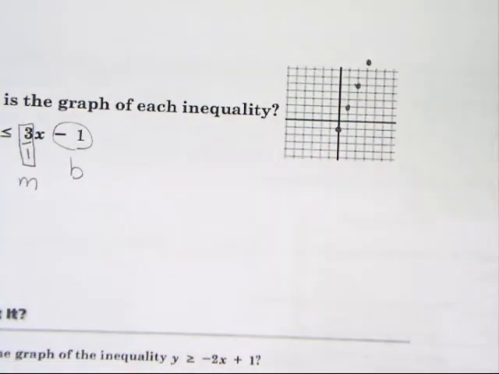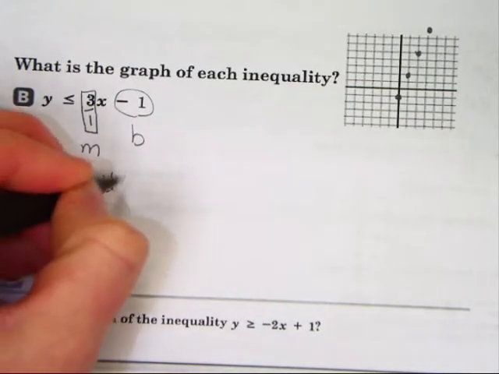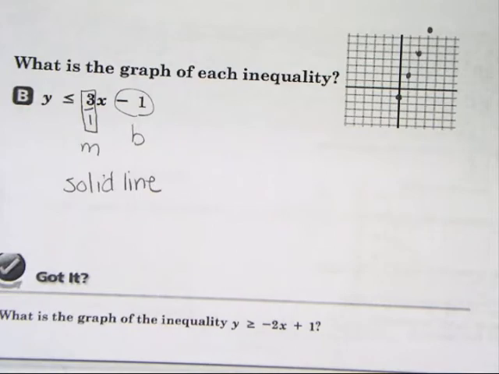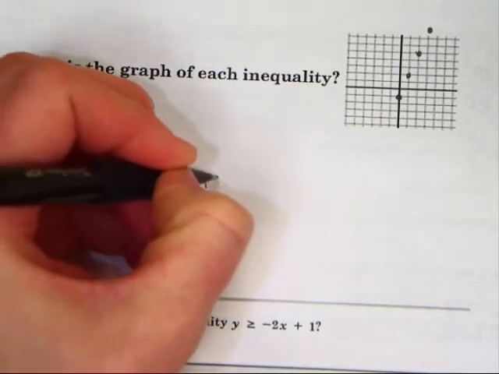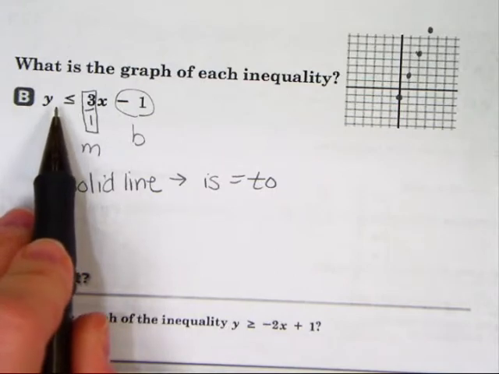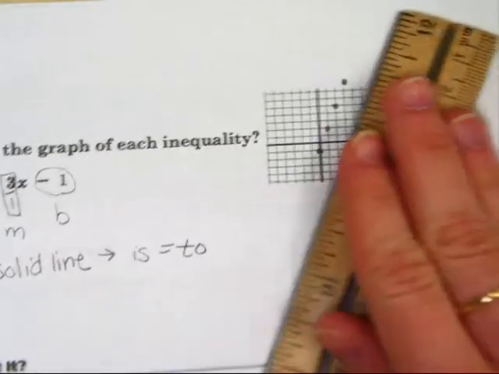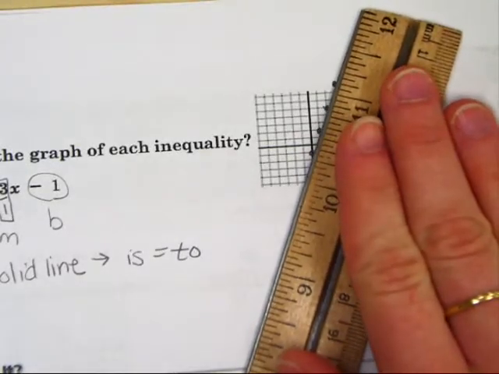This time when I connect, I am going to use a solid line. And the reason I use a solid line is because it is equal to. See that line under the less than or equal to? Because it is equal to, I use a solid line when I connect.